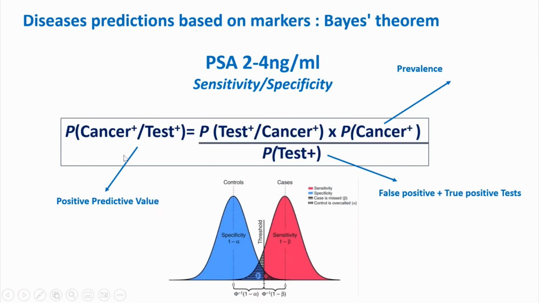It's the probability of having prostate cancer if the test is positive. And you can see in this theorem that you have the prior probability, the prevalence, which is the frequency of the disease in the population, and the other terms are the accuracy of the prostate-specific antigen test, with true or false positive tests.